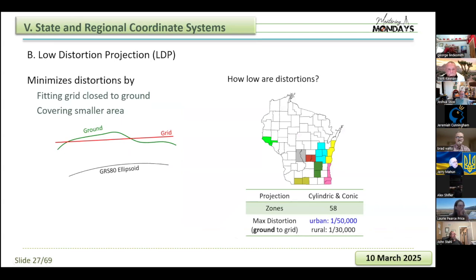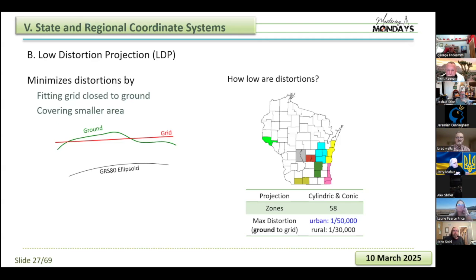We've seen more movement in the last 10, 20 years to low distortion projections. And Wisconsin was one of the very first states to come up with county coordinate systems, almost 30 years ago now. As the counties were starting to work with GIS systems, they really didn't want to work in state plane coordinates because the coordinates are so huge.